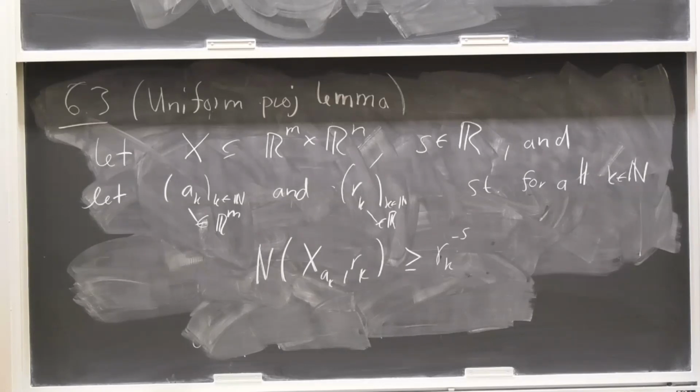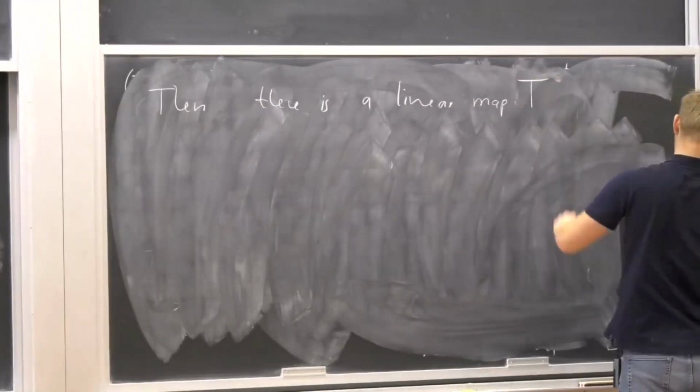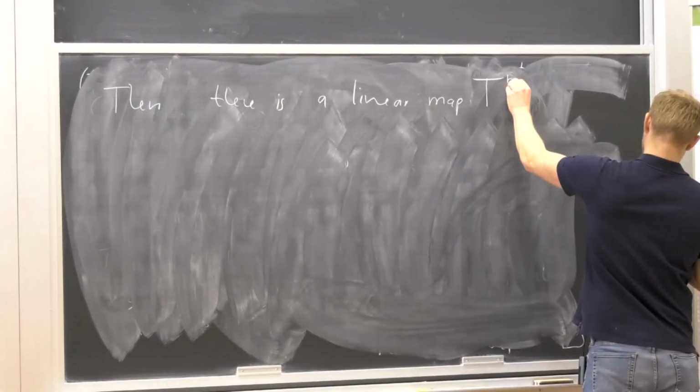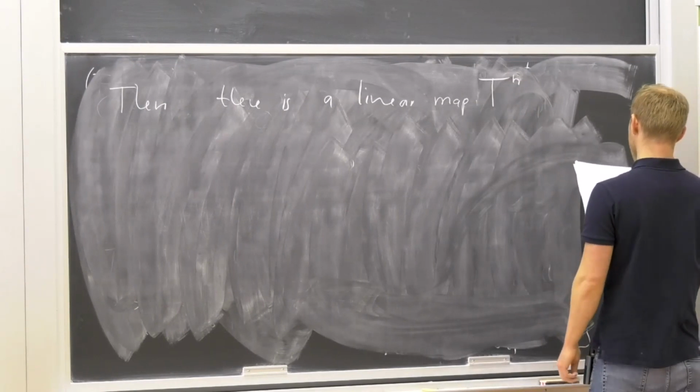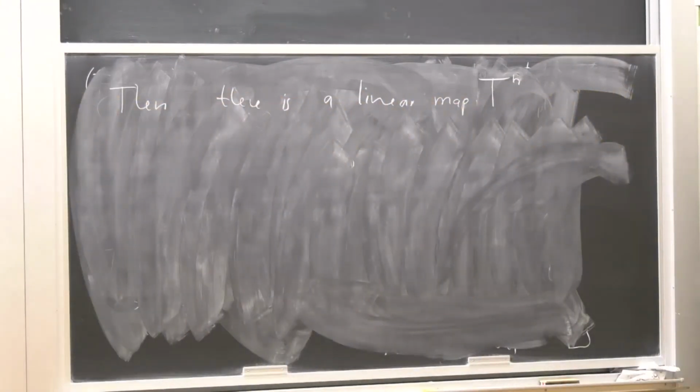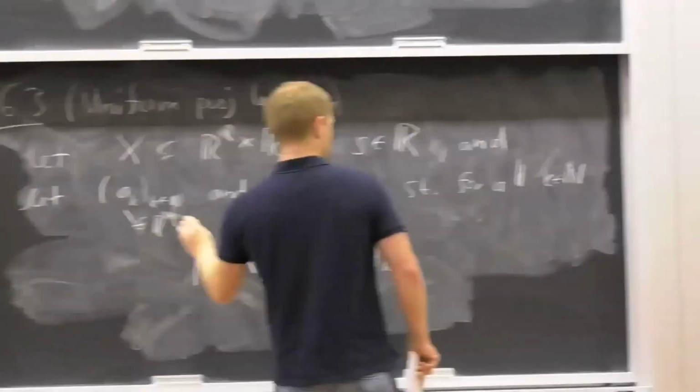Then there is a linear map T from R^n to R^m, I should really use R^n. Maybe the easiest way is to change this to an L, so that I get the same formula as before.